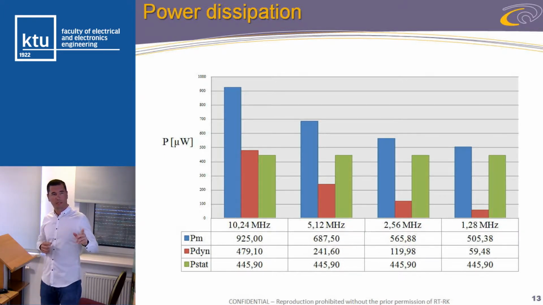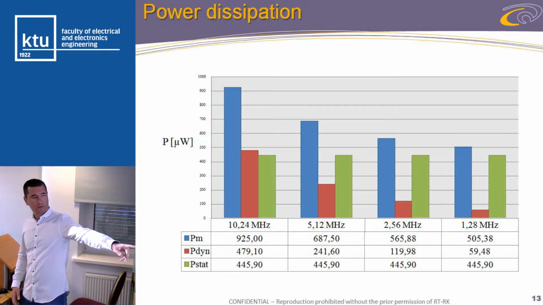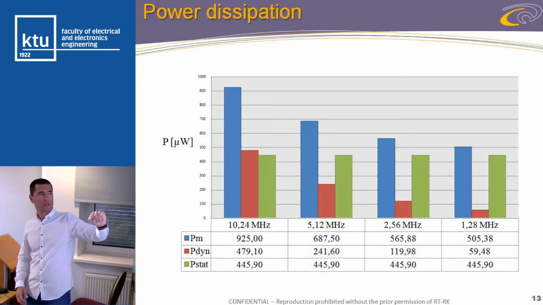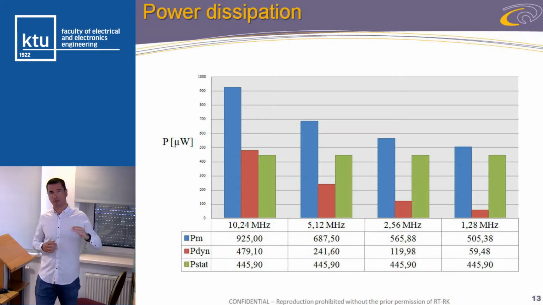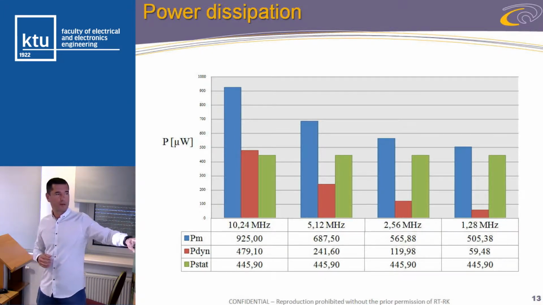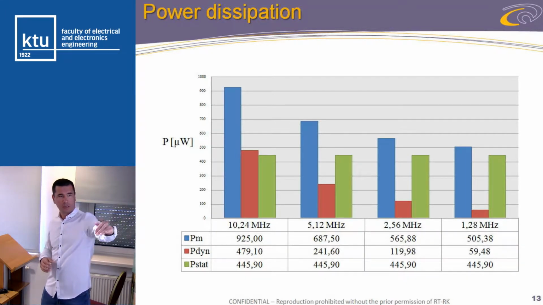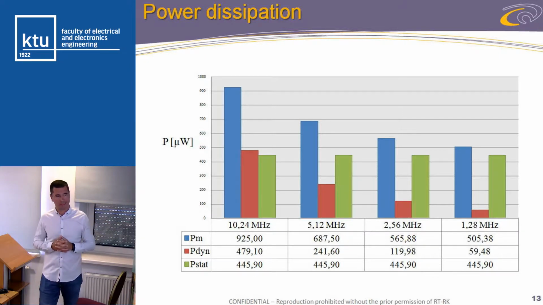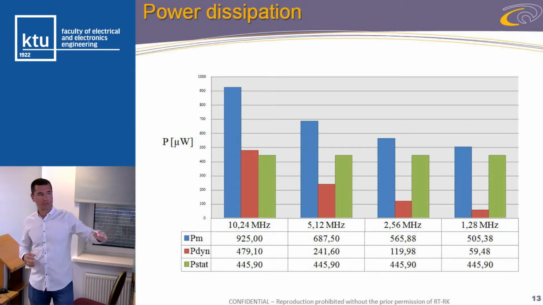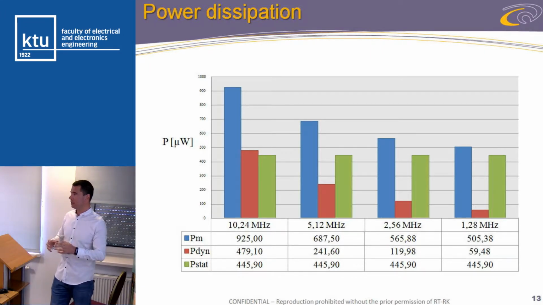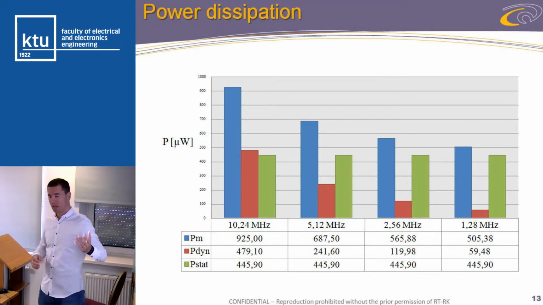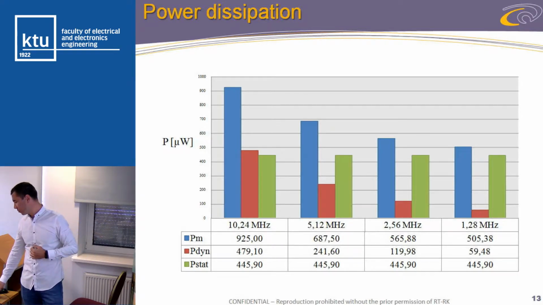You can see that on different clock cycles the static power dissipation remains the same, but dynamic dissipation decreases, because when you decrease the clock frequency, you decrease switching activity on CMOS integrated circuits, so that is expected behavior.